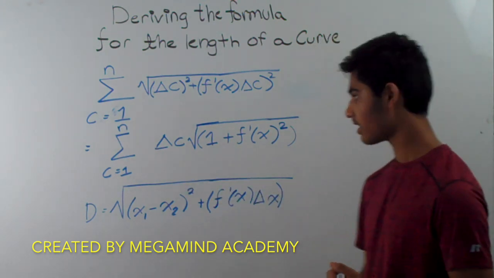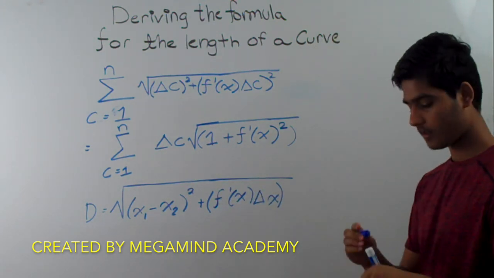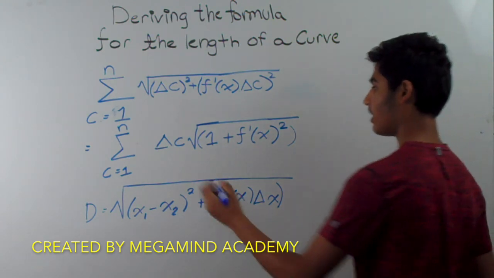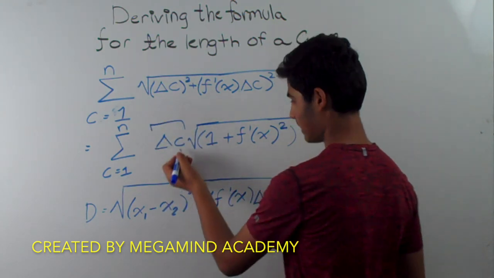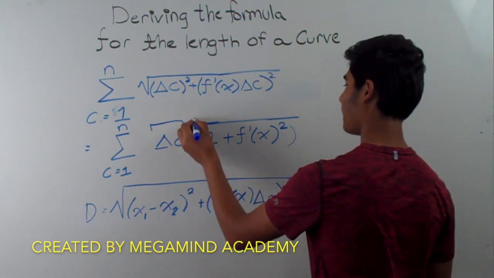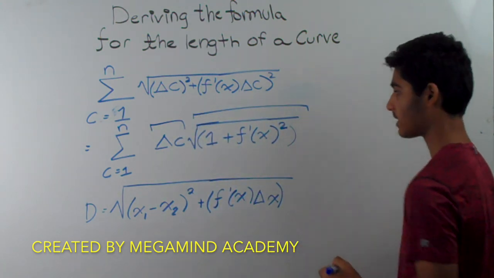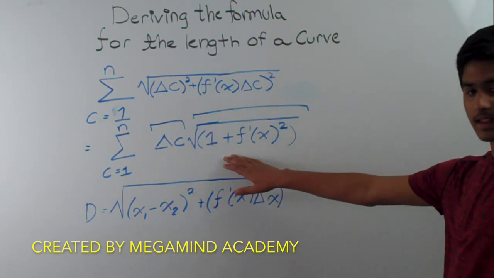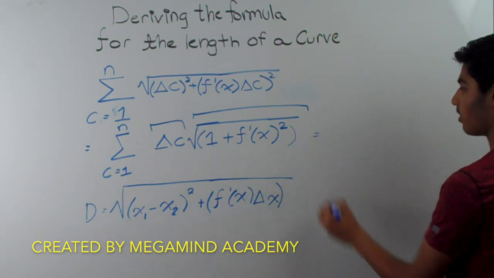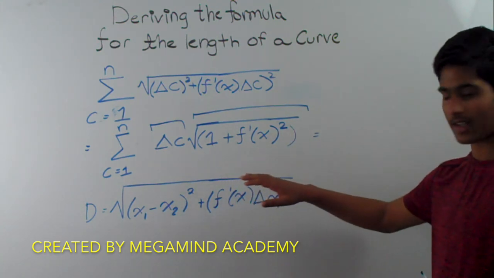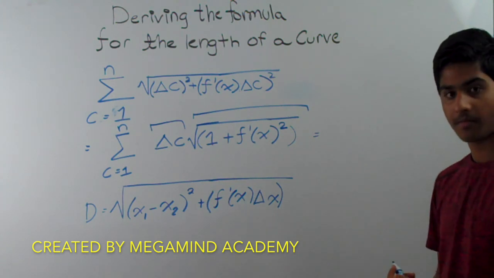So what does this look like? Well, this looks like a Riemann sum, right? In a Riemann sum we have delta x, in this case it's delta c, and then we have our function f of x. So couldn't we just make this into the Riemann sum, but instead of f of x we would have this function here? Well, that's right.